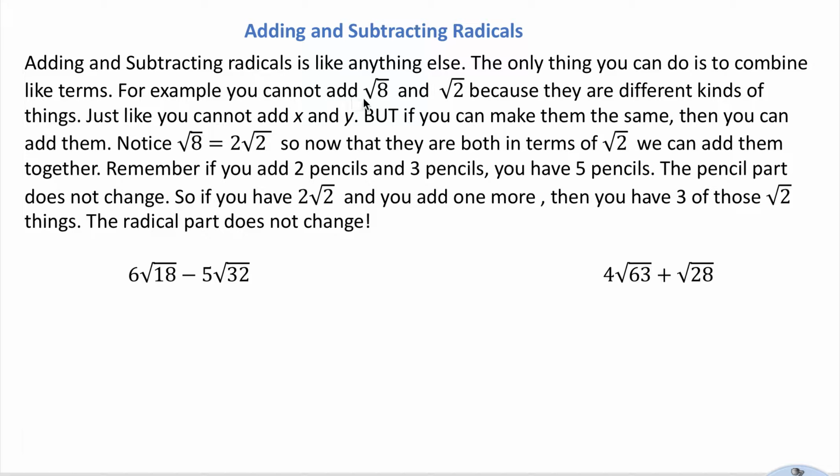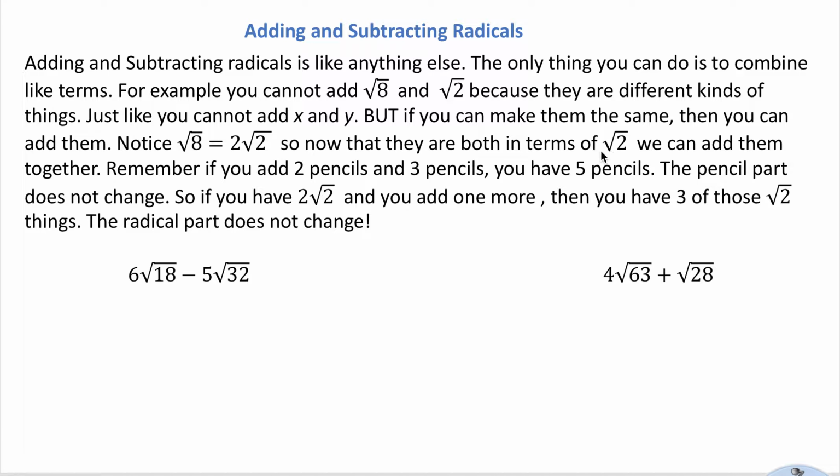For example, you cannot add square root of 8 and square root of 2 because they're different kinds of things, just like an x and a y. But if you can make them the same, then you can add them. You can simplify square root of 8 so that it simplifies to 2 square roots of 2.